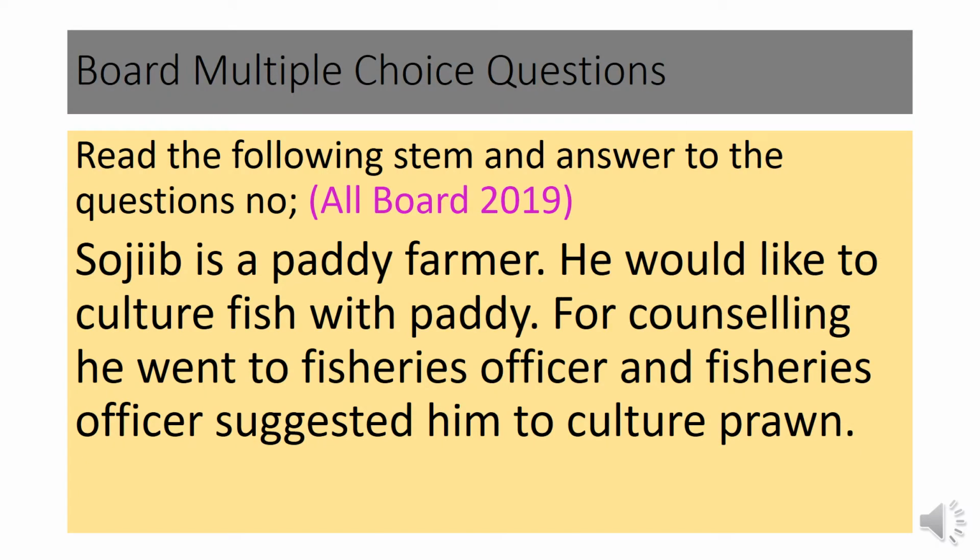Here you can see a STEM-based question. This question came in August 2019. The STEM is: Shajib is a paddy farmer. He would like to culture fish with paddy. For counseling, he went to a fisheries officer, and the fisheries officer suggested he culture prawn.